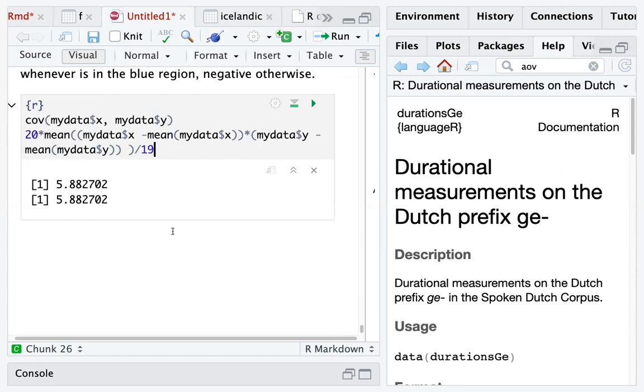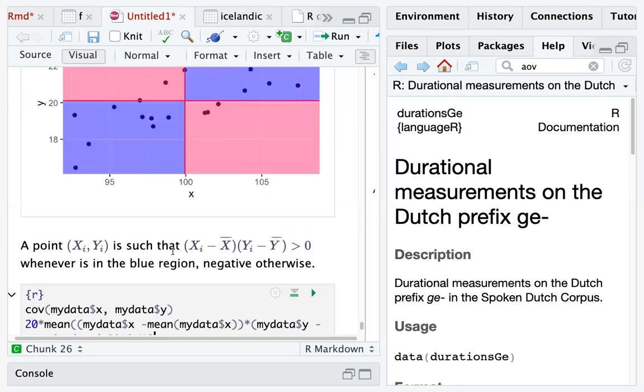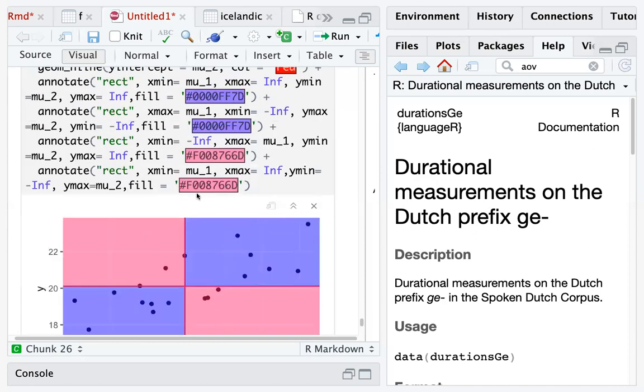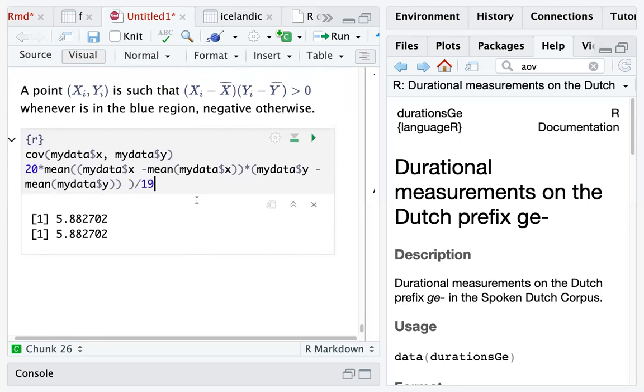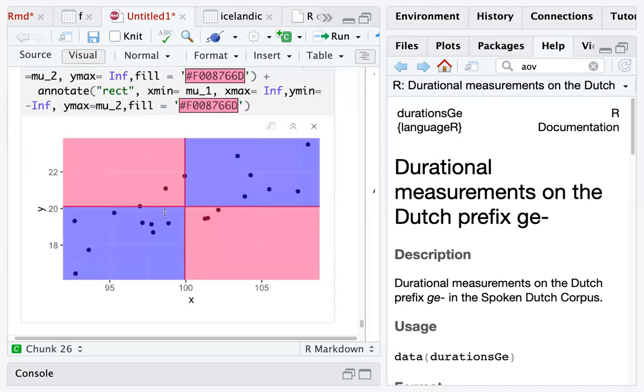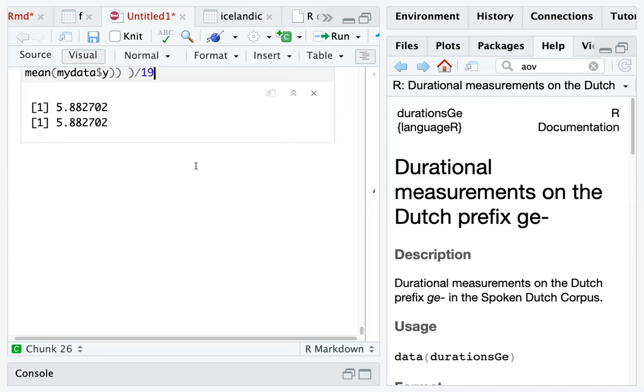Okay, this is the covariance. We have checked that it is positive here. When the cloud of points doesn't do strange stuff, it tells you how these points are. Well, no, it is the correlation coefficient that tells you this. So let me explain it.